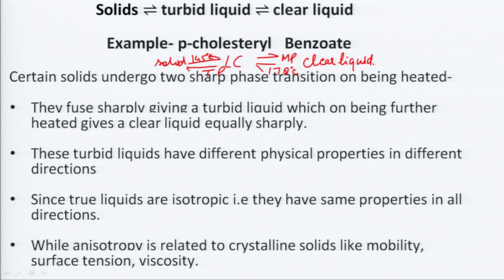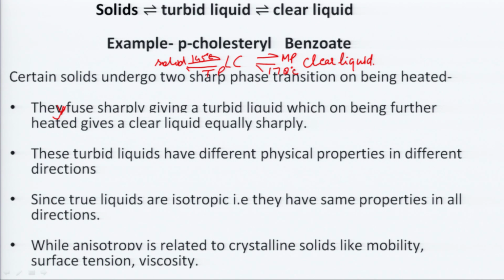So, certain solids undergo two sharp phase transitions on being heated. What happens? They fuse sharply, giving a turbid liquid, which on being further heated gives a clear liquid equally sharply. So, in between we get the liquid crystalline state, and then finally we get the clear liquid state.